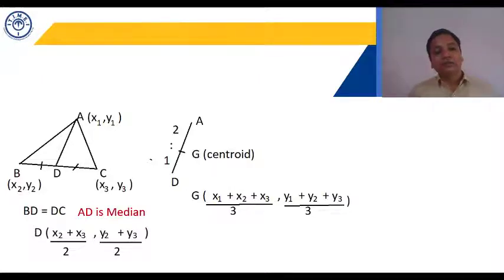That means if all three vertices of a triangle are given, the coordinates of the centroid can be very easily found by (x1 plus x2 plus x3) by 3 and (y1 plus y2 plus y3) by 3. We derived the result using the section formula, by finding the coordinates of D, with 2:1 as the ratio, where A is x1, y1 and D is (x2 plus x3) by 2 and (y2 plus y3) by 2. Please remember this result. I hope this is clear.